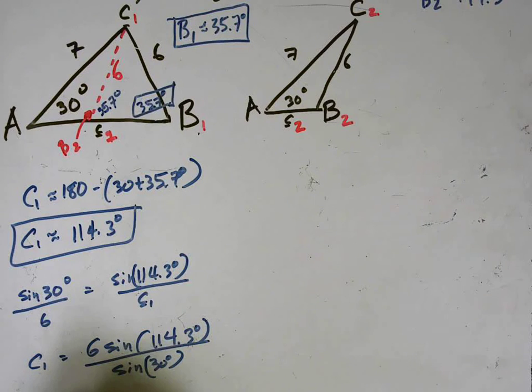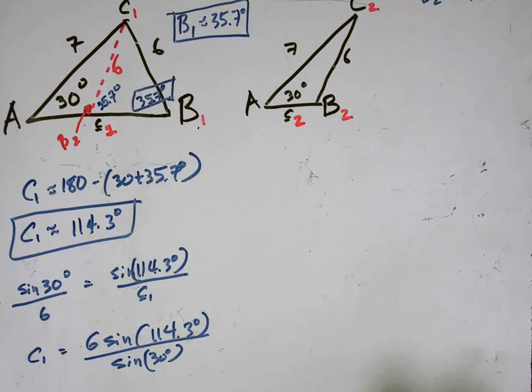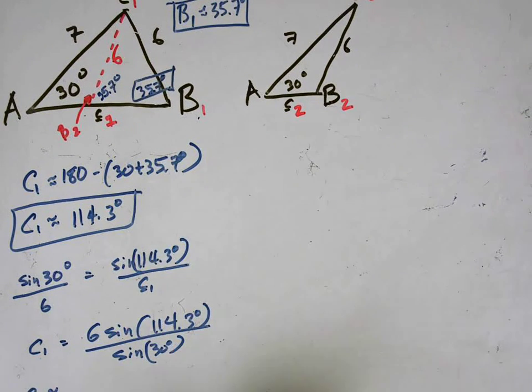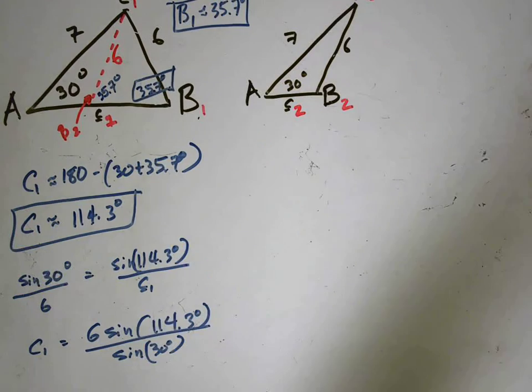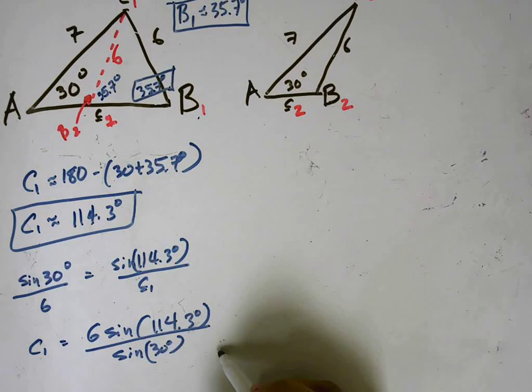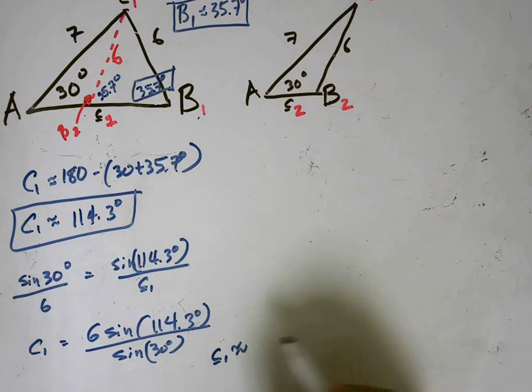So little c1 is approximately equal to 6 sine 114.3 divided by sine of 30. So it's about 10.9. Little c1 is approximately equal to 10.9.